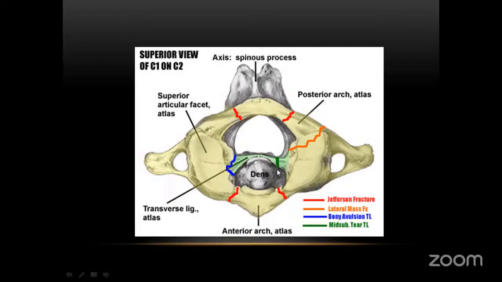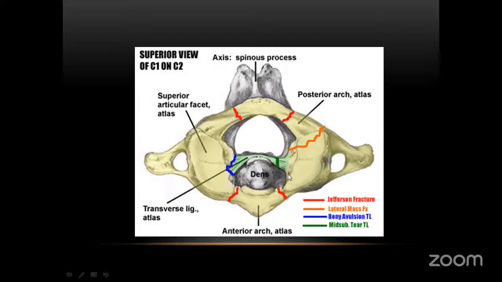Look at this green mark there. This is mid-substance. It means between the 2 points of insertion, it is disrupted. So we call it mid-substance.